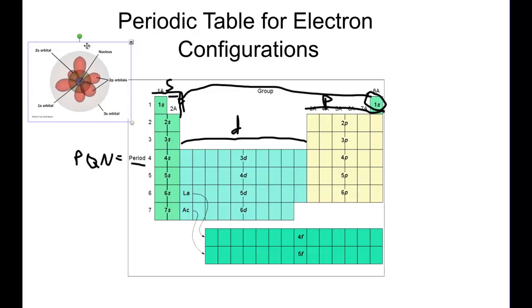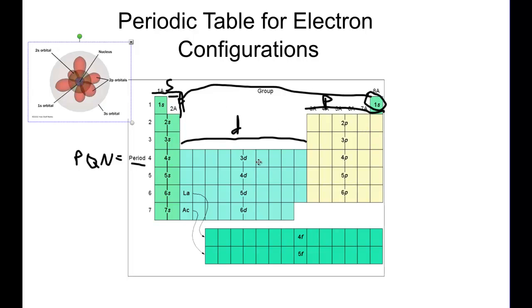If you want to think of it this way, notice that there are 6 little bubble things: 1, 2, 3, 4, 5, 6. You can think of each one of those little bubbles as holding 1 electron. Now this will take a lot of practice. It'll take time to get.